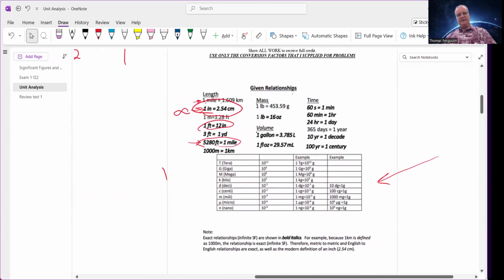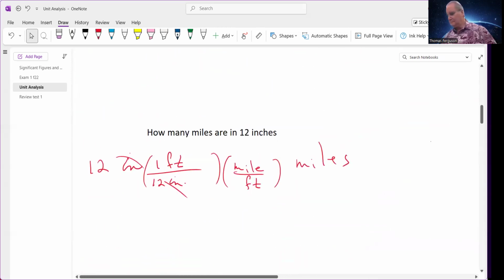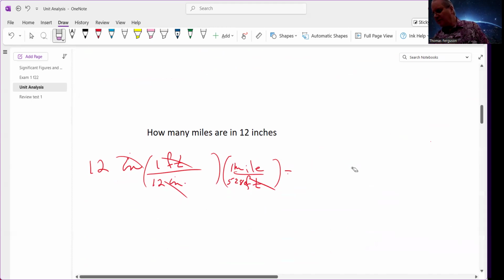And we have 5280 feet per mile. Feet cancels. And what are we left with? Miles. What are we trying to calculate? Miles. So this is a good example of a two-step problem.